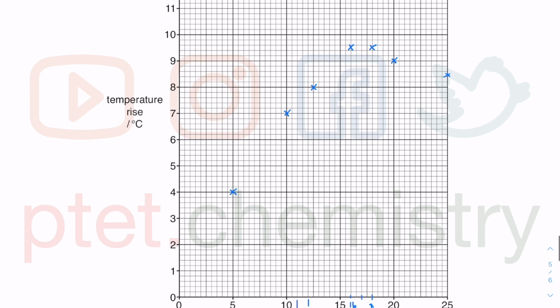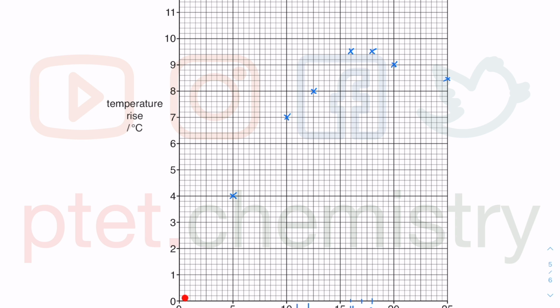And that is why this line has to cut through 0, 0, because always think about what it means when the x-axis is 0. So I got to draw a best fit straight line. But then you could also be thinking about another scenario where it looks like that is the best fit straight line there.